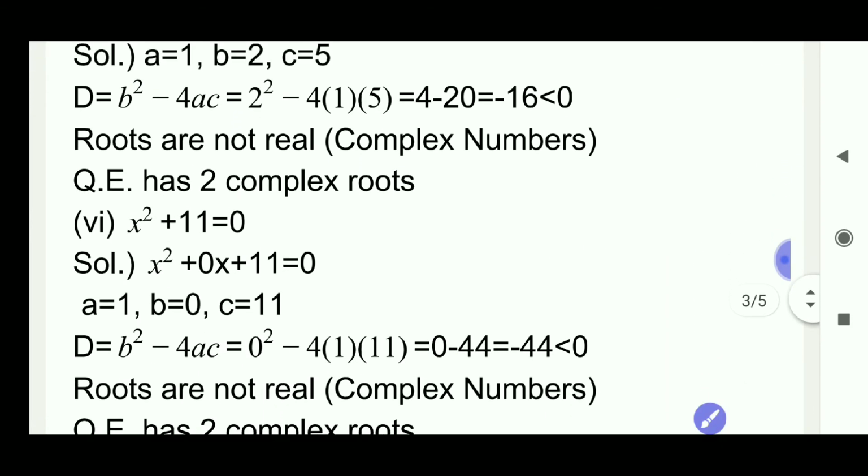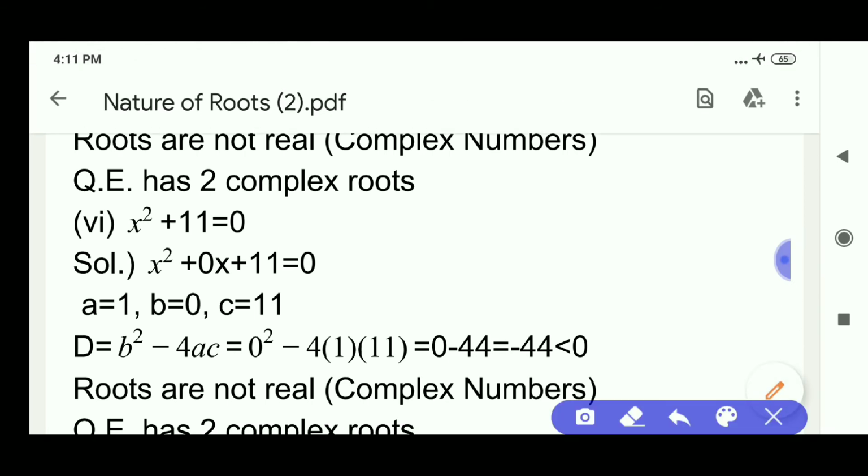Another question. x square plus 11 is equal to 0. Something is missing here. Yes, what is missing here? The x term. So write 0x. Now the equation became x square, there is no x term, so write x square plus 0x plus 11 is equal to 0.